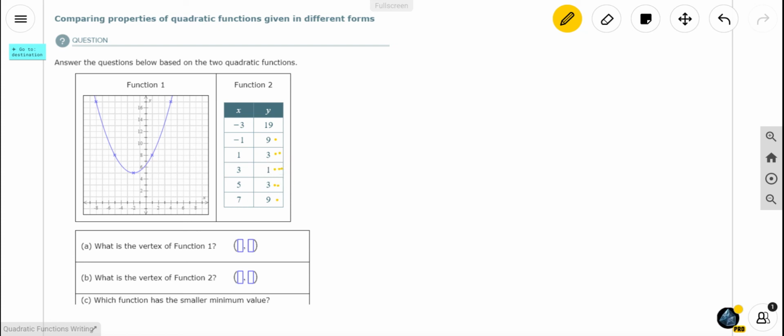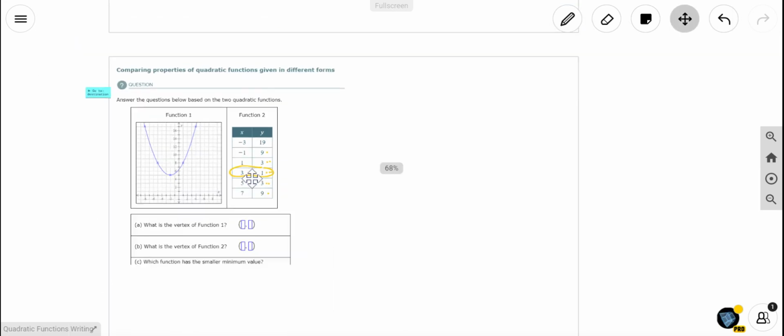I'm only doing dots just to show you that they relate. So this is the vertex. Oh, no, that's not relating to this function, sorry. The vertex is at (3, 1). And that's how you find it from a table.